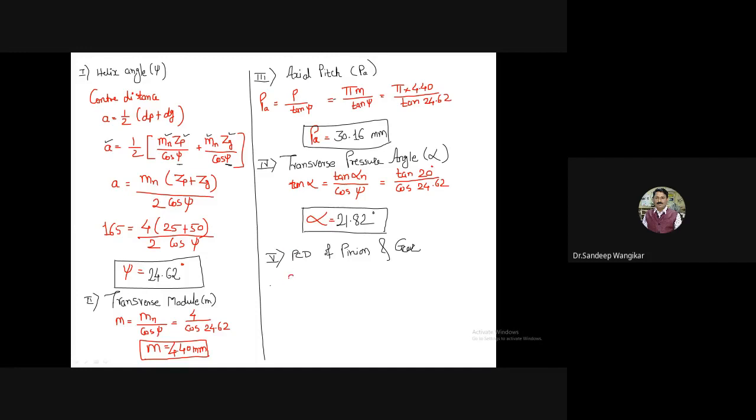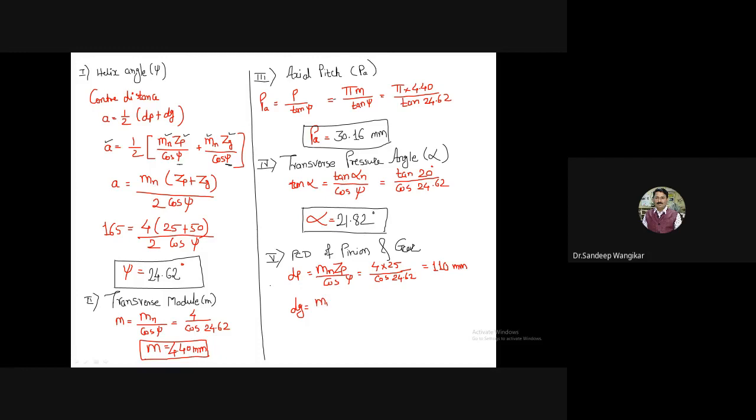I can say here dp is equal to mn zp divided by cos of psi, 4 into 25 divided by cos of 24.62. Tell me the answer or check whether it is correct.